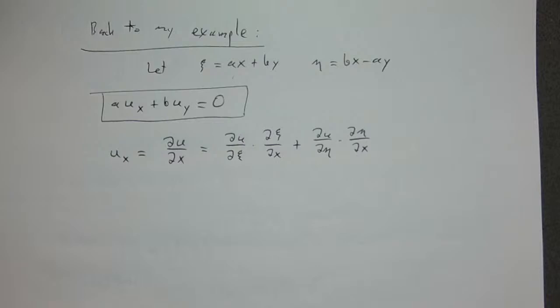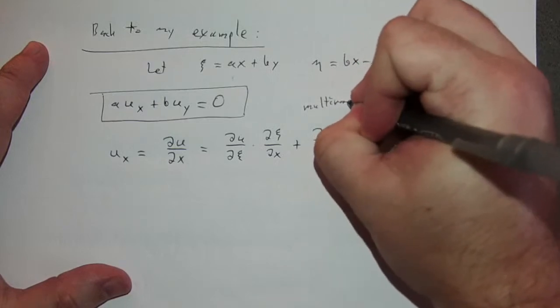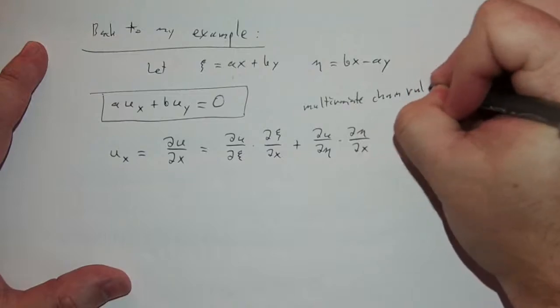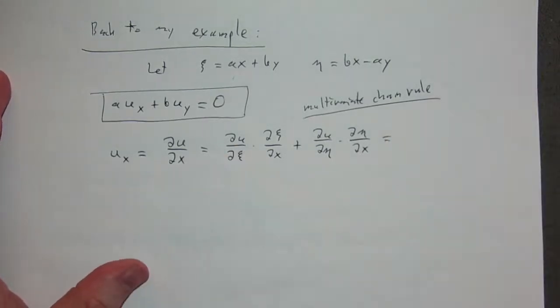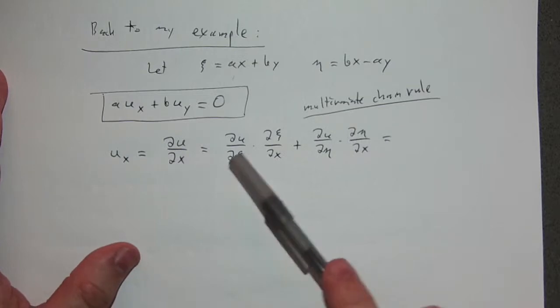Right? So this is the multivariate chain rule. If you want to review that in the Stewart text, this is section 13.4, I believe. So what is partial of u with respect to ξ?